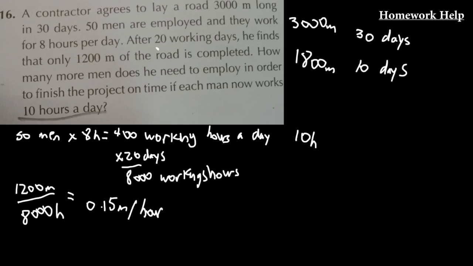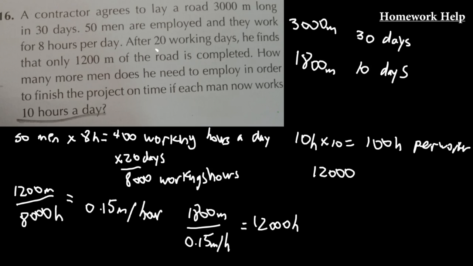This will tell us how many hours it will take for us to finish the job. And I get 12,000 working hours are needed. All right, so we determined that it will take another 12,000 hours to finish the project.